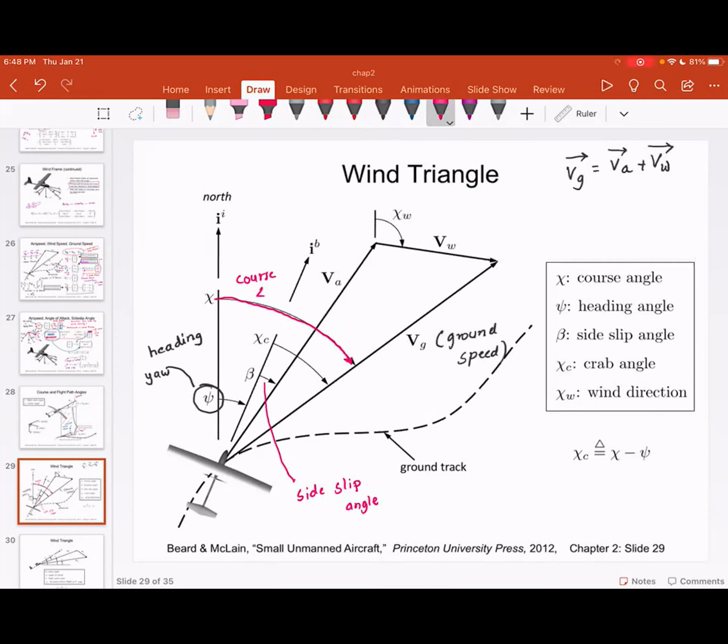And what happens is, if you have a non-zero wind velocity, there is something called crabbing. In other words, the pilot has to continuously adjust the heading. He needs to crab into the airspeed. So this is called the crab angle.